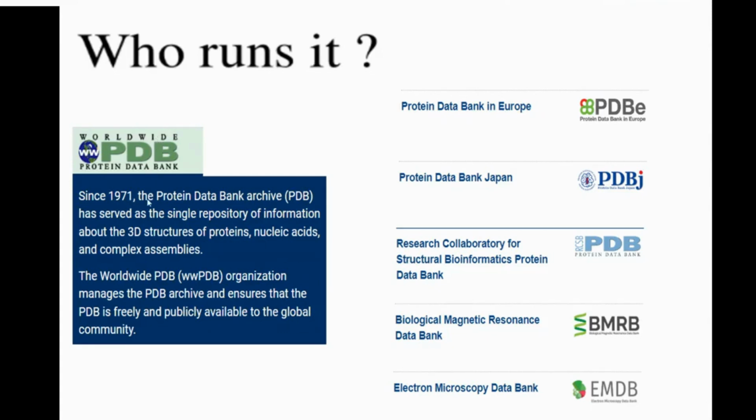Since 1971, the PDB has served as a single repository of information about the three-dimensional structures of proteins, nucleic acids, and complex assemblies. The wwPDB organization manages the PDB archive and ensures that the PDB is freely and publicly available to the global community.